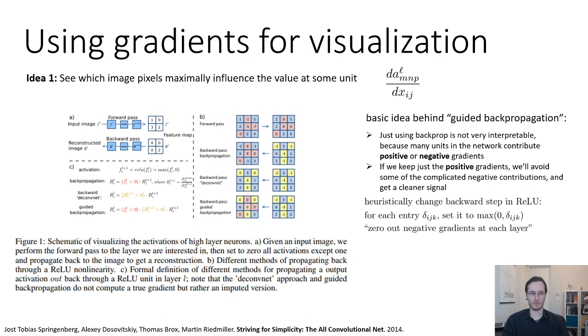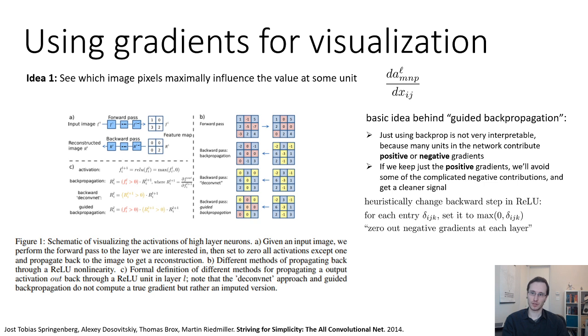Okay, so if the way that guided backpropagation works is still not entirely clear, maybe this picture from the paper will help illustrate it. So here, f^l_i is the activation of the unit before the ReLU, and R^{l+1}_i is the delta after that layer.